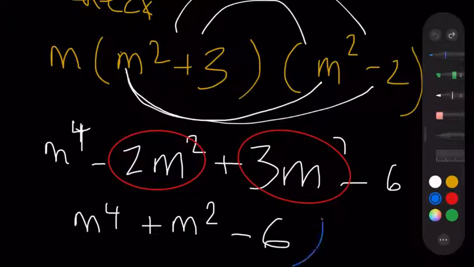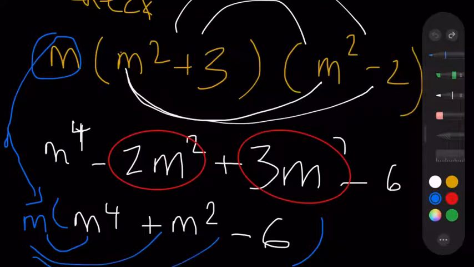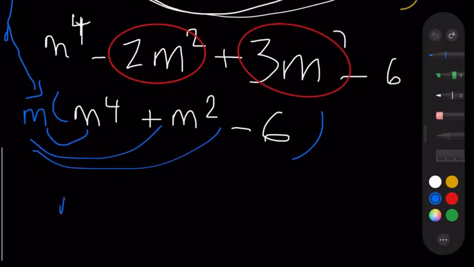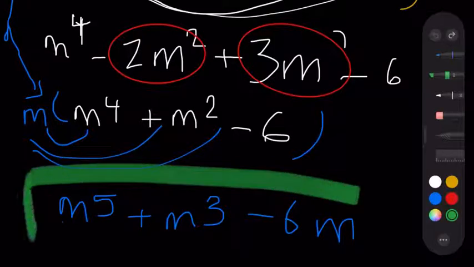But do not forget that we still have this m, so we will take it down and multiply. So m to the power of 5 plus m to the power of 3 minus 6m, and this is our final answer.